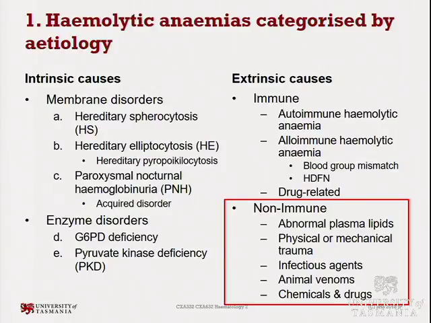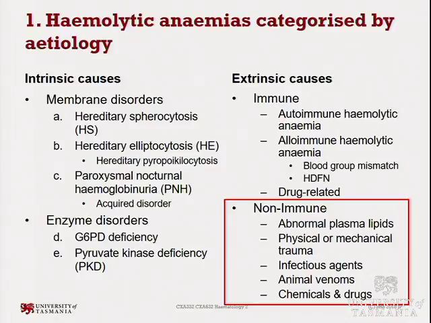Okay. So just a quick recap. So far today we've learned that immune hemolytic anemias are caused by antibodies.